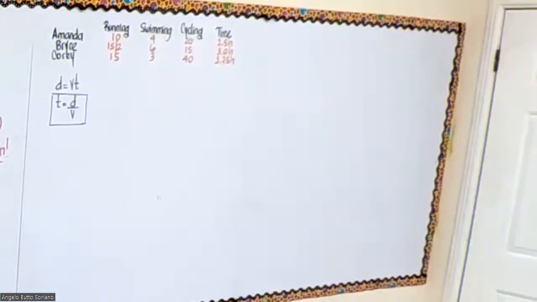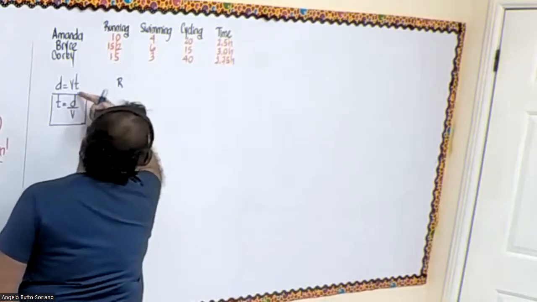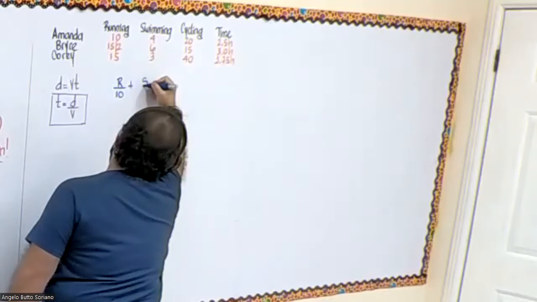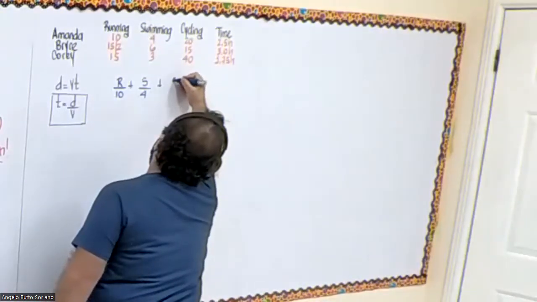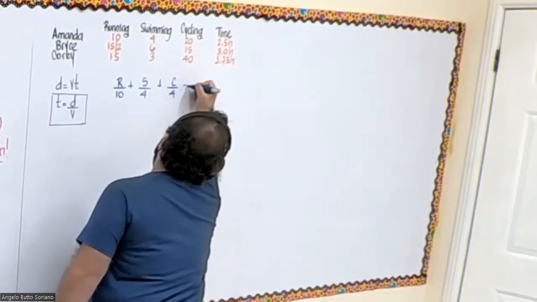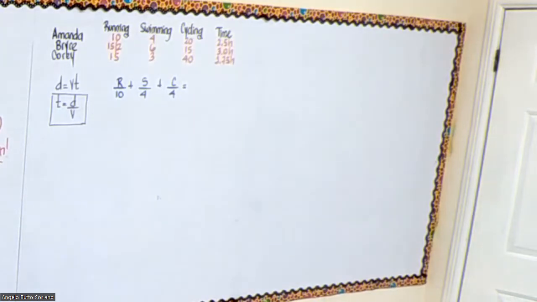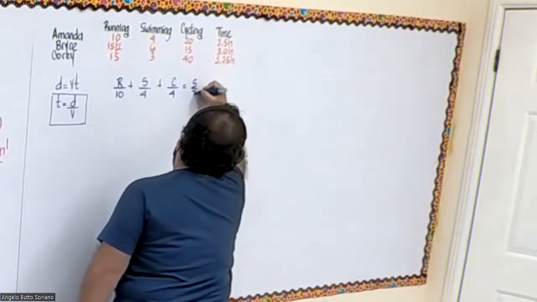So we have to divide every fraction. And in simple words, the system equation will be R over 10, because distance over velocity, plus S over 4 plus C over 20 equals, well, actually, instead of writing 2.5, we can write the fraction that will be 5/2, if you wish, okay?